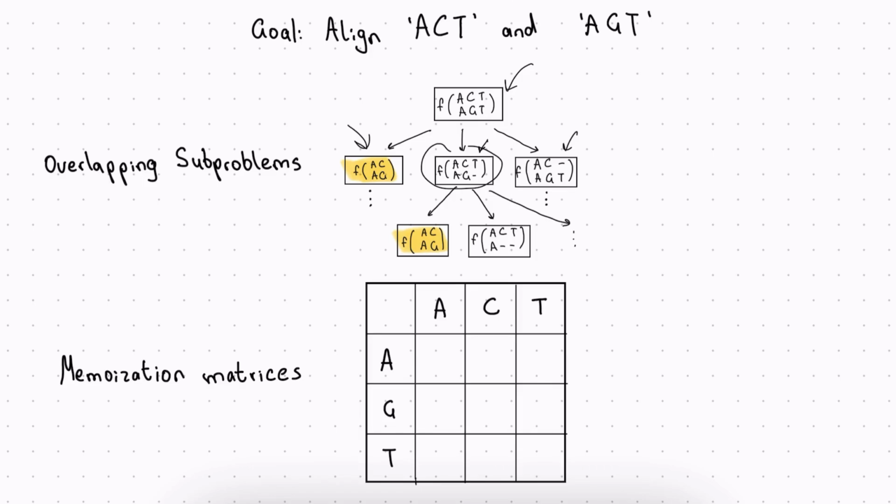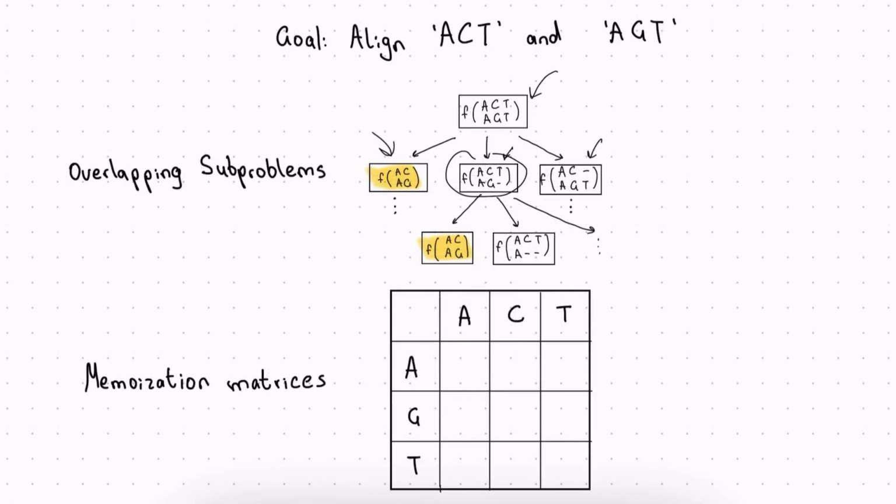And this brings me to the core principle of dynamic programming, where we have overlapping subproblems and we solve each of them only once and store their solution in order to avoid redundant calculations. This is particularly important for sequence alignment because the number of possible alignments grows exponentially with sequence length.